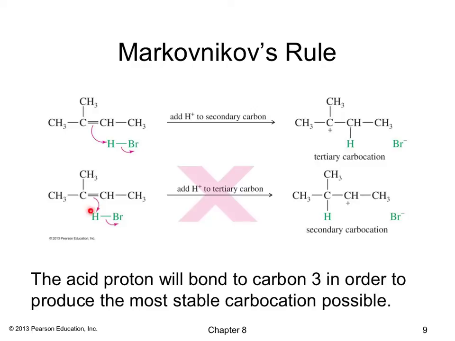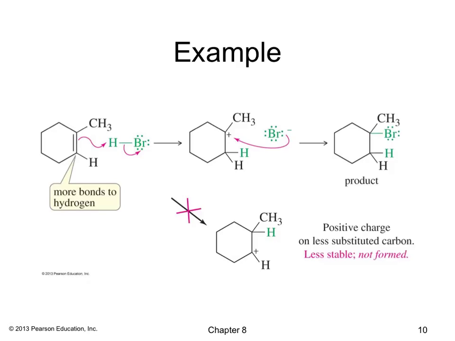In this case, here's an example of nucleophilic attack. Bromine gets kicked off. Where H is added to the tertiary carbon, this does not happen because the secondary carbocation is not as stable as a tertiary carbocation. So the acid proton will bond to carbon 3 in order to produce the more stable carbocation.